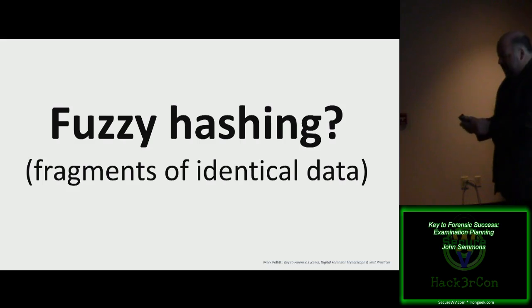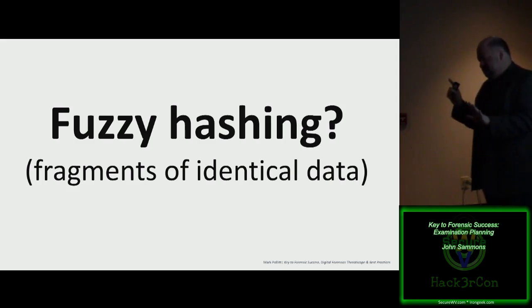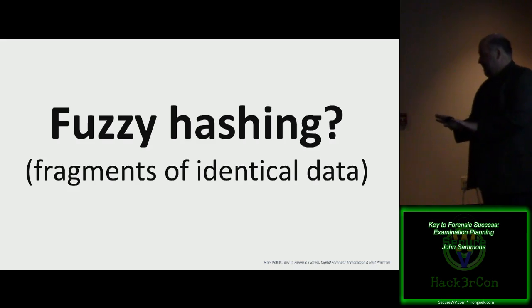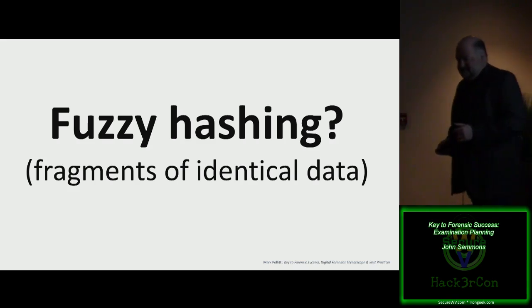Say you've got a picture of me, and I pull one pixel out of picture B and take a hash value of that. What's going to happen to the hash value? Totally different, radically different. So fuzzy hashing may find that other one, even though it's been modified slightly. Fuzzy hashing is kind of close enough, if you will.